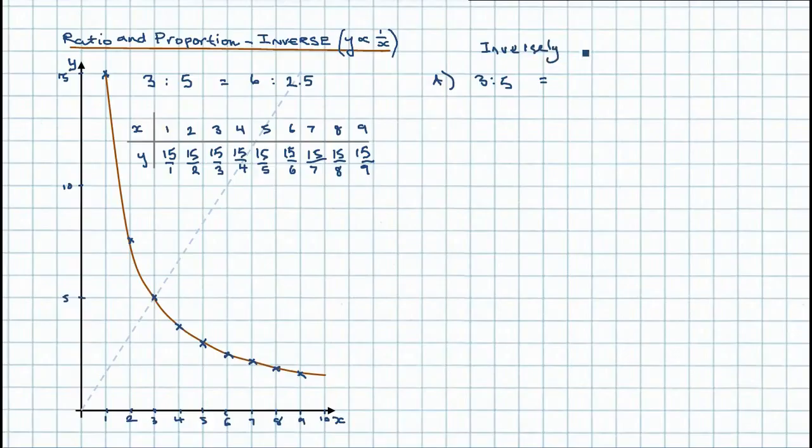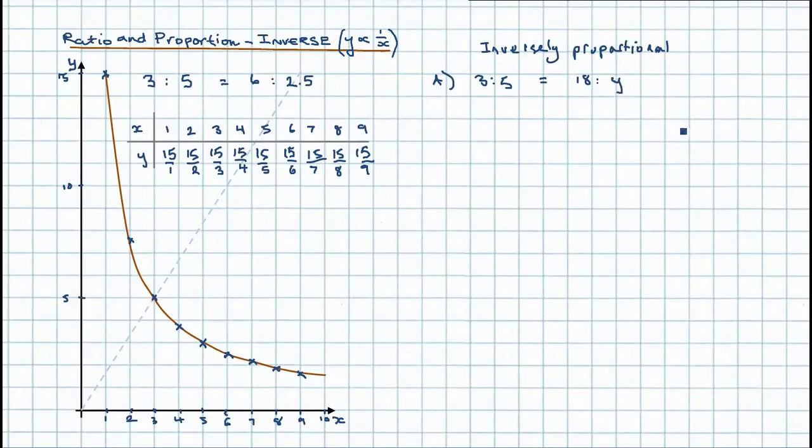All these problems would be inversely proportional. So we'll now have 18 to, let's call it y, and we need to find y.